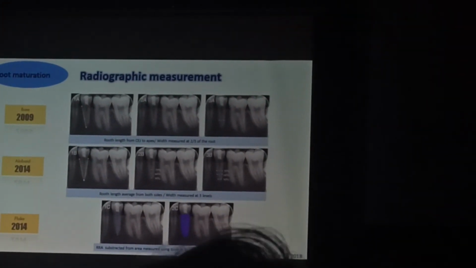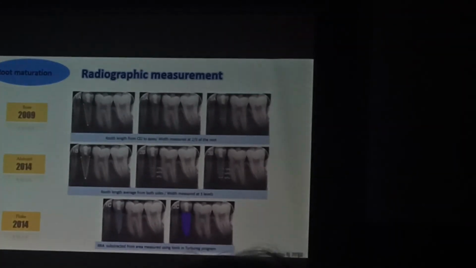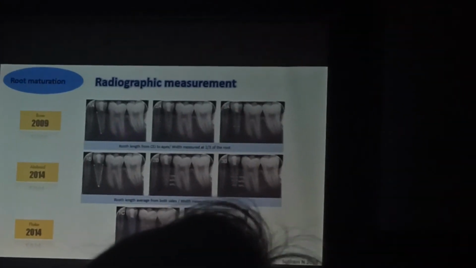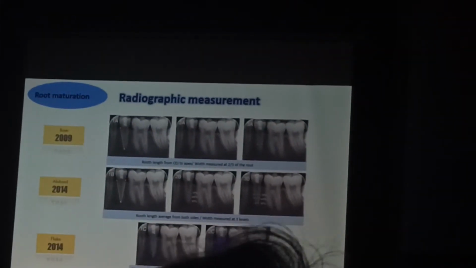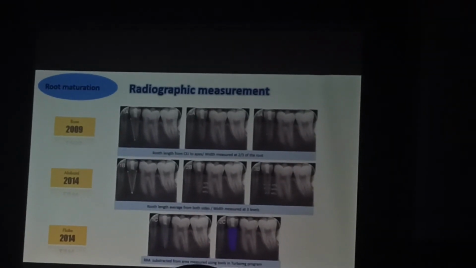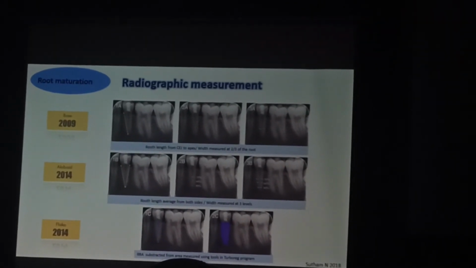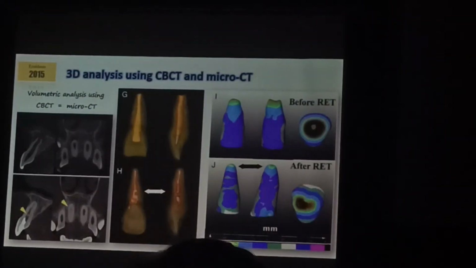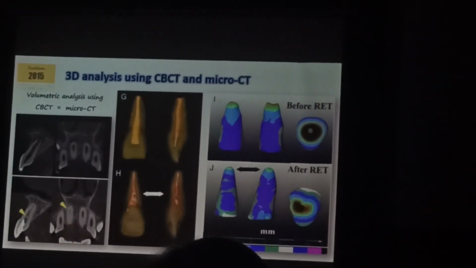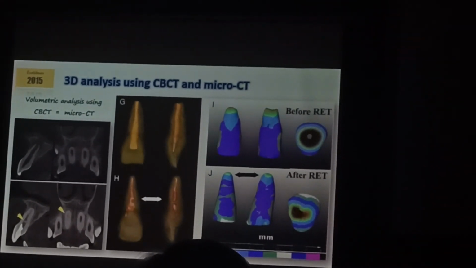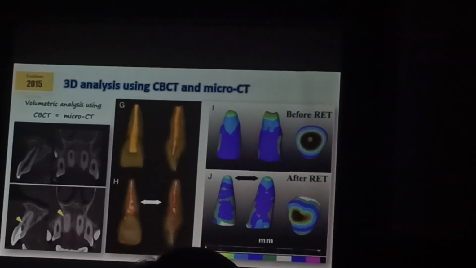For example, you measure the length from this to this, and some measure this and average, and some would like to measure the area of the tooth after regeneration with this technique. Moreover, there are also some recent recommendations to use a CBCT after the treatment.